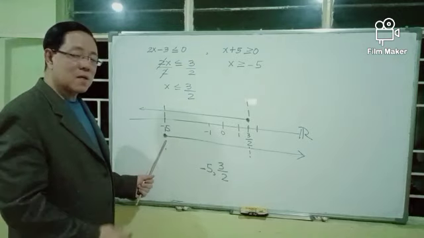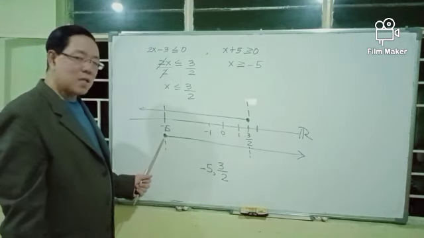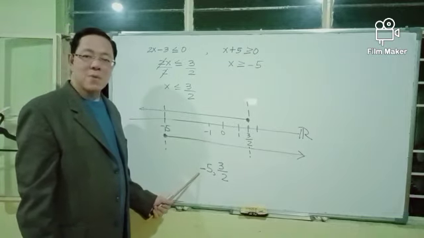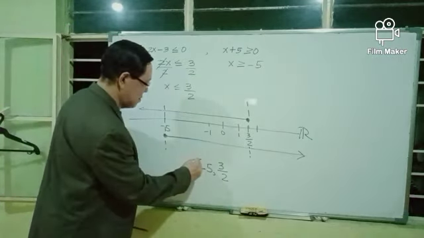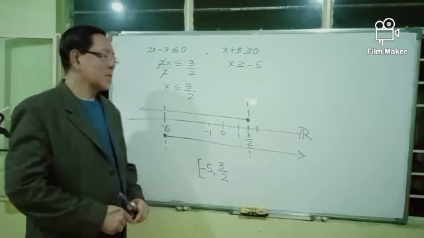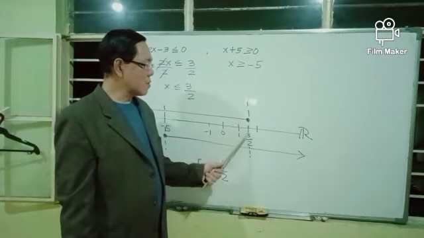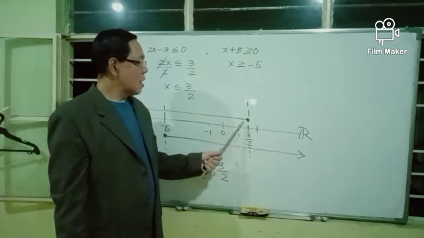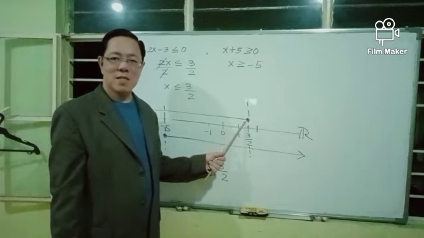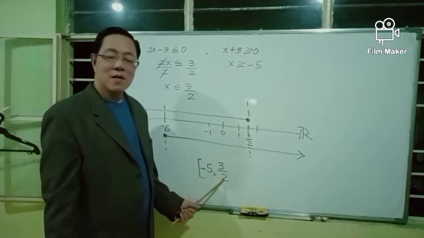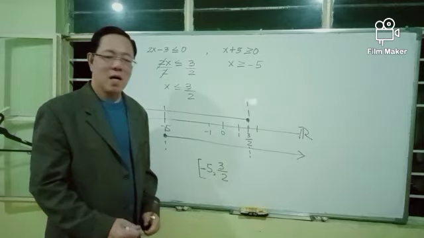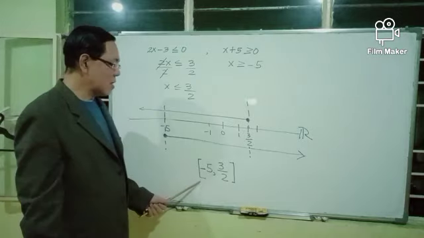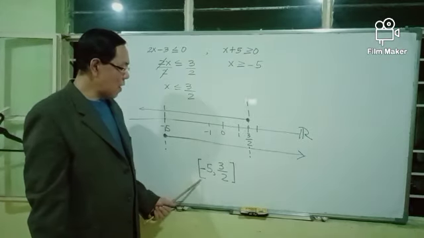And because negative 5 is included in the solution as indicated by this small shaded circle, we use a bracket for negative 5. And for the right end point, we also use a bracket because 3 over 2 is a solution as indicated by this small shaded circle. Thus, for the right end point, we also use a bracket. And this is the solution of case 1.